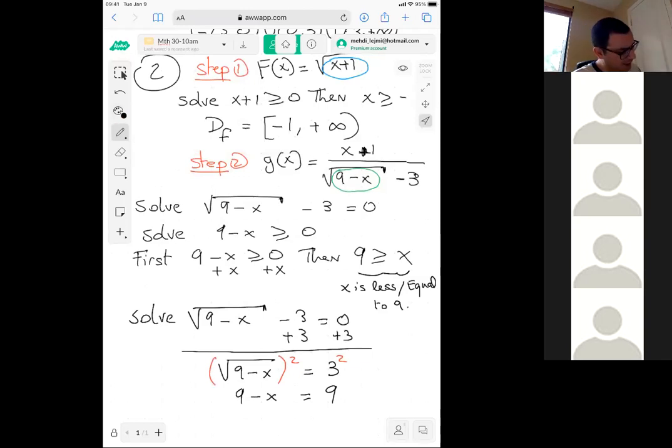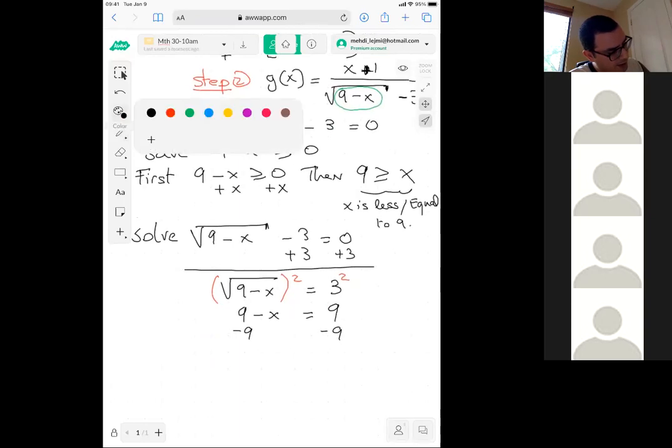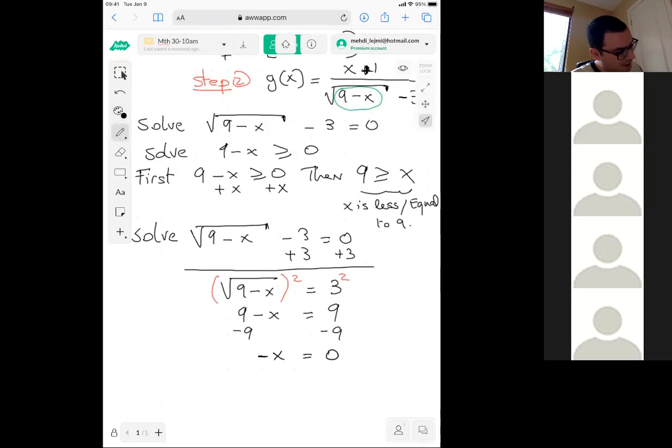So all you have to do now is subtract 9 on both sides. So then you're going to have minus x equals 0, right? And of course, minus x is equal to 0 if you divide or multiply by -1. Okay, so then x is equal to 0.